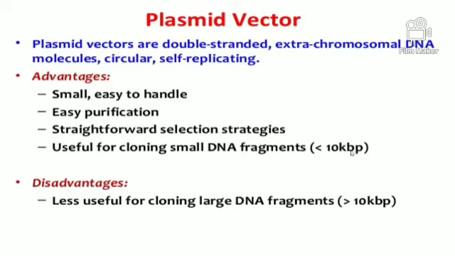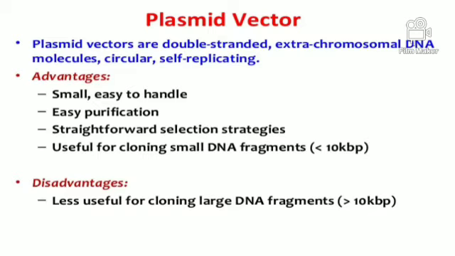K means kilo, B means base, and P means pair. The unit is kilo base pair. So the plasmid is small, easy to handle, easy to purify, with a straightforward selection strategy, useful for cloning small fragments.